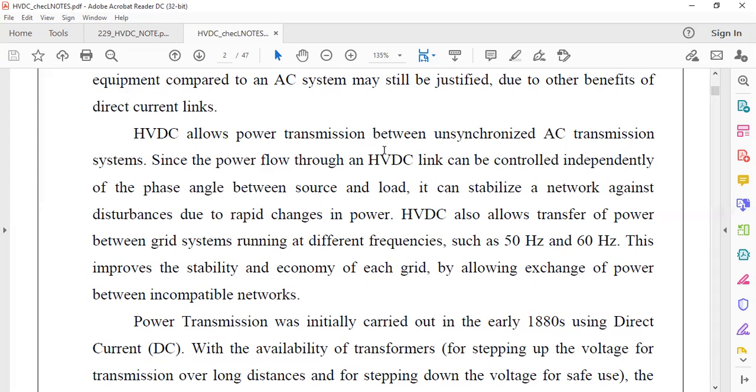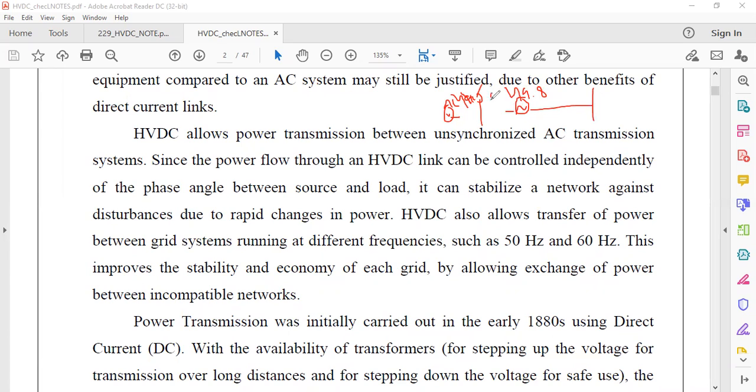HVDC allows power transmission between unsynchronized AC transmission systems. If the generation here is AC, say with a frequency of 49.8, this frequency cannot match with the other regions.